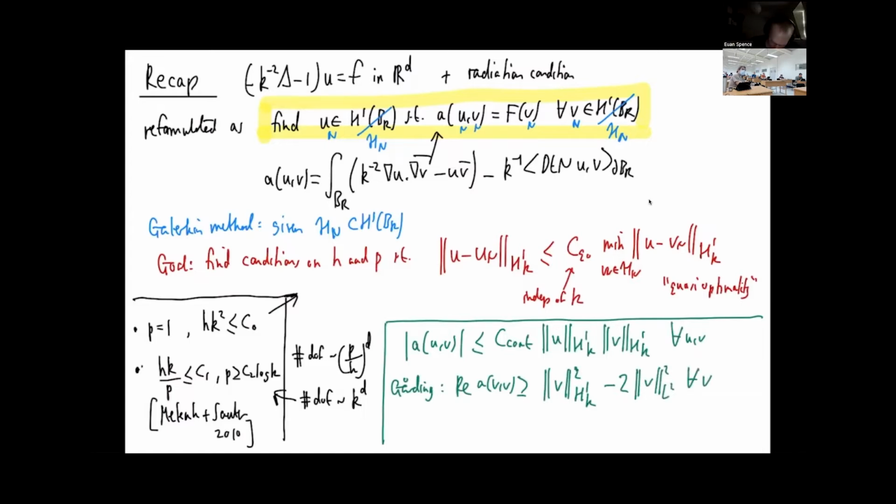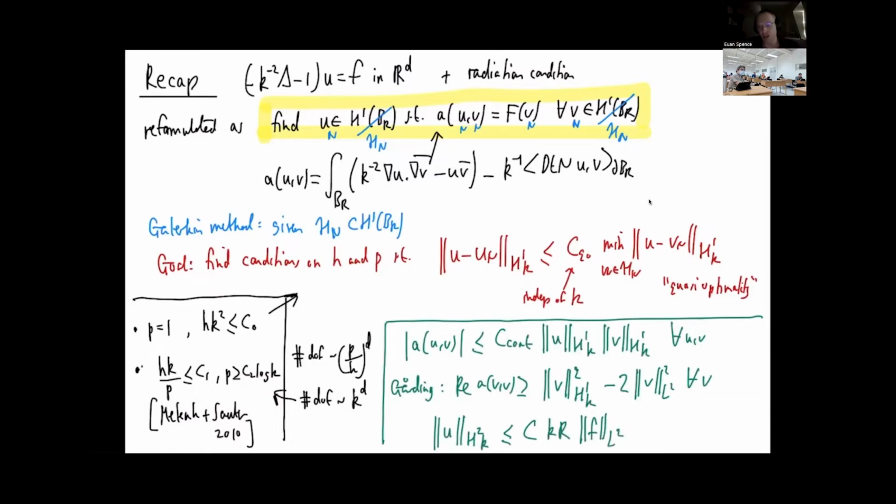And finally, I said we're going to use this a priori bound on the solution, that in fact the H2 norm of the solution, again using these weighted spaces, is bounded by a constant times kR times then f in L2.